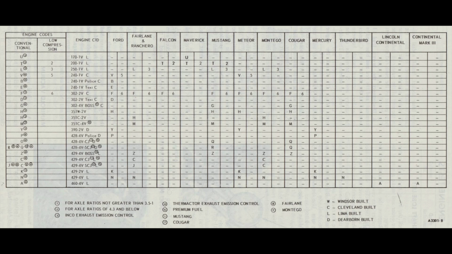The basic information here is correct, but there are some outright mistakes, such as the information about the 428 and 429 SCJ, or Super Cobra Jet engines, and inconsistencies likely due to running changes that occurred during actual production of the 1970 FoMoCo passenger cars from approximately August 1969 through July 1970, such as which vehicle lines had the H-code 351 Windsor 2-barrel V8 engine and which had the H-star code 351 Cleveland 2-barrel engine.